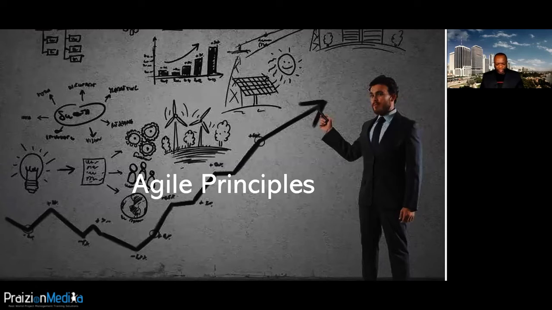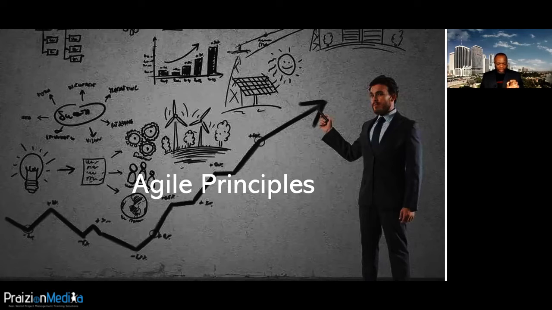6, the most efficient and effective method of conveying information to and within a development team is face-to-face conversation. 7, working software is the primary measure of progress. 8, Agile processes promote sustainable development.